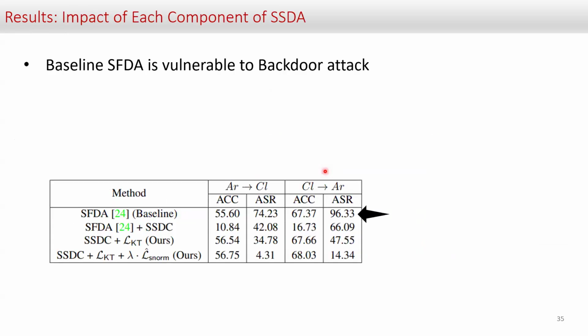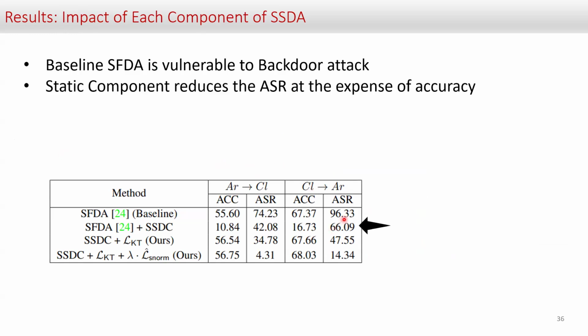Finally, we have 3 different components, right? One was compression, second was knowledge transfer from the auxiliary model, third was the dynamic suppression. So the baseline defense is extremely vulnerable. After we add our compression, the model's attack success rate goes down, but at the expense of accuracy.